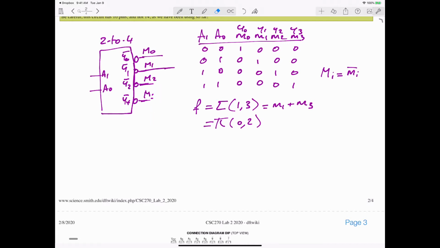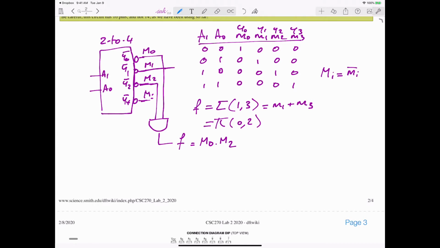So I can take maxterm 2, maxterm 0, put them in an AND and then I have F, which is maxterm 0 and maxterm 2. All right, so that should help you out.